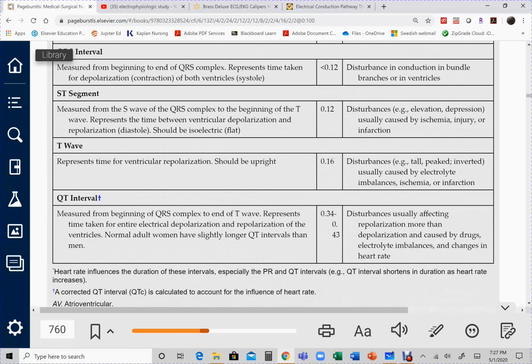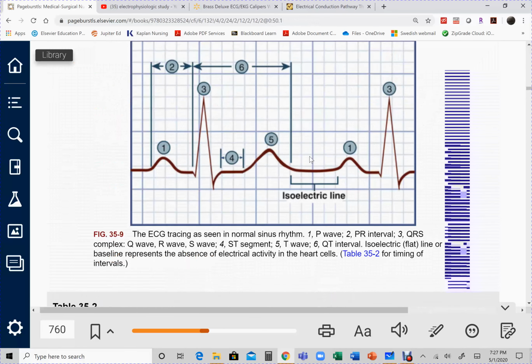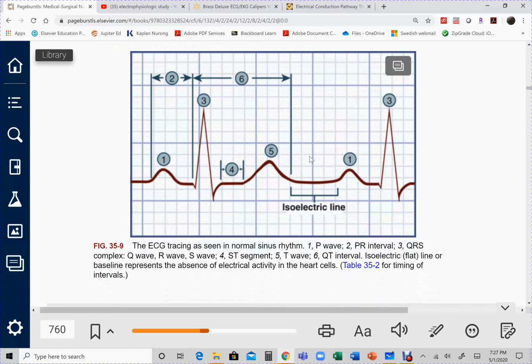The T wave should be upright. If you remember chapter 33 in myocardial ischemia, there was T wave inversion along with ST depression. However, if it's only myocardial ischemia, it will return to normal as soon as perfusion is restored, just like what happens in chronic stable angina.